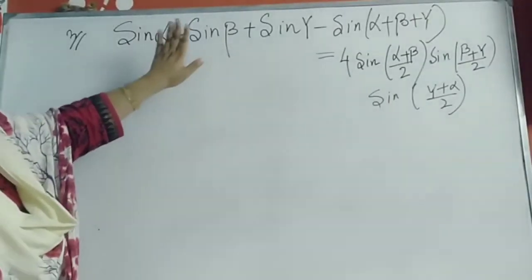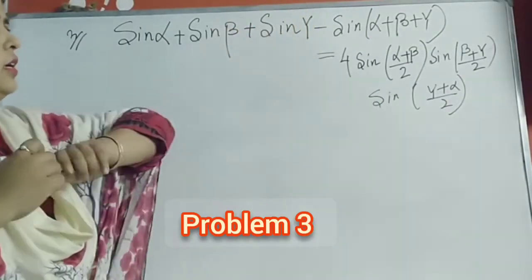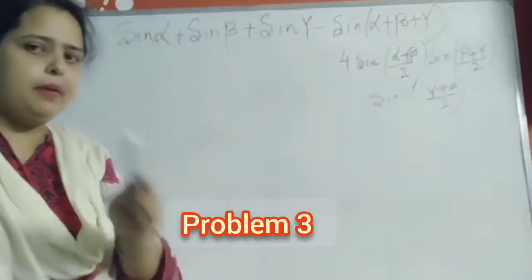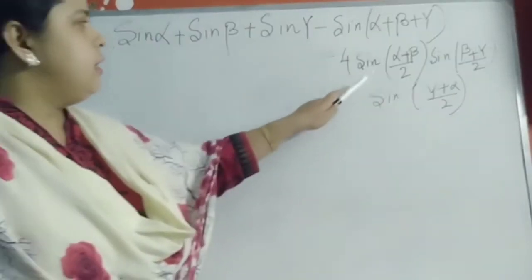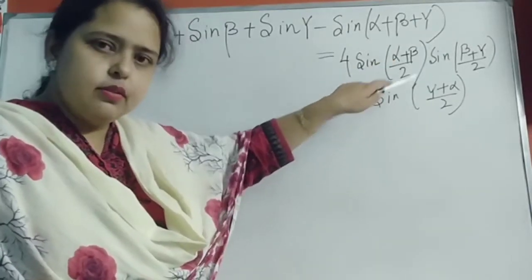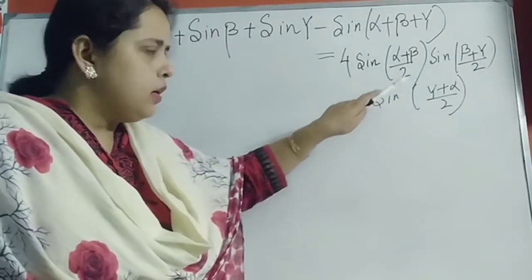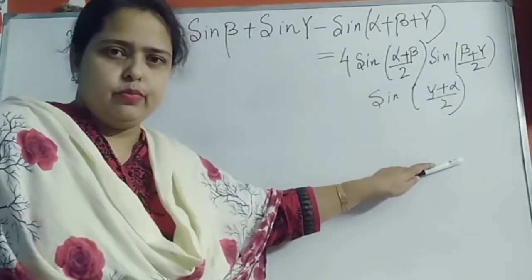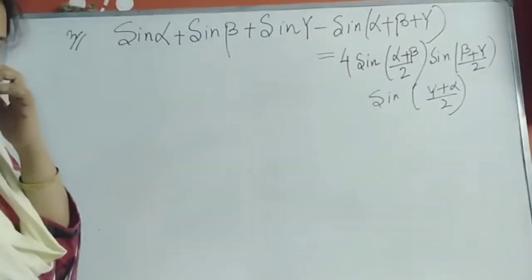Sin alpha plus sin beta plus sin gamma minus sin of alpha plus beta plus gamma. We need to prove it equals 4 sin of alpha plus beta by 2 sin of beta plus gamma by 2 sin of gamma plus alpha by 2. Okay, so this is what we have to prove.